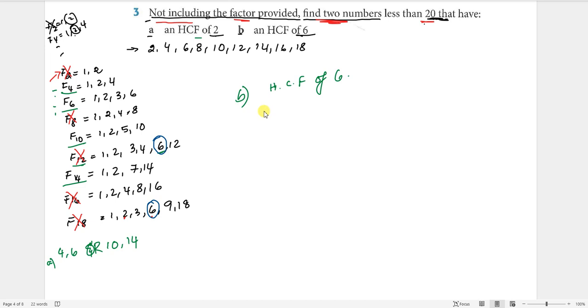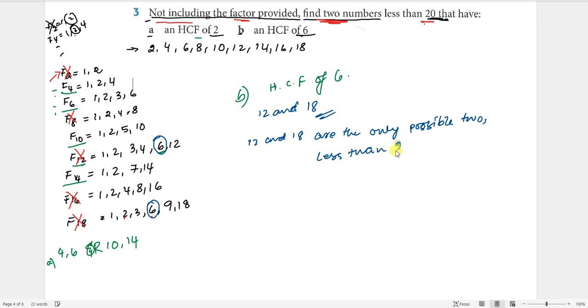You can write 12 and 18, as these are the only possible two numbers which are less than 20. That's it. You can write it as well: 12 and 18 are the only possible two less than 20.